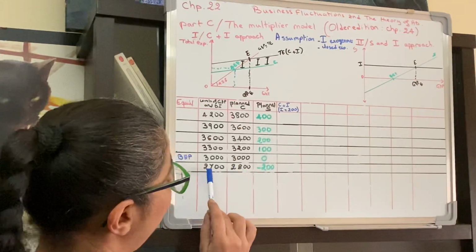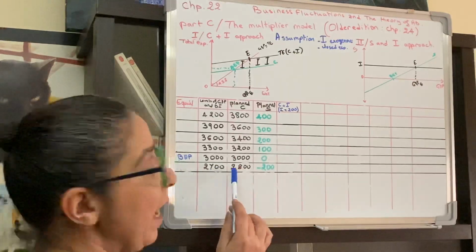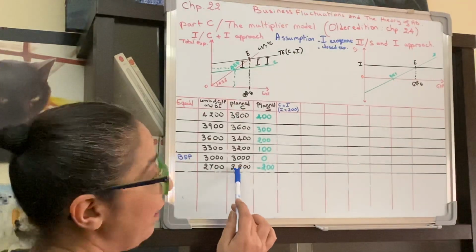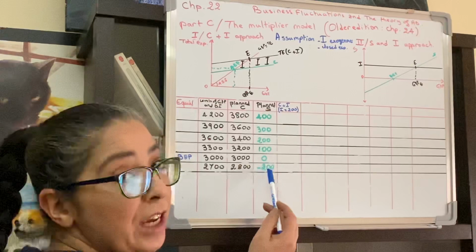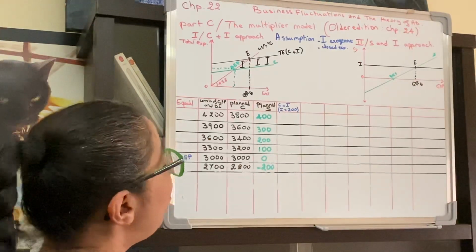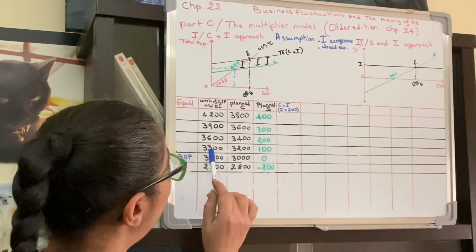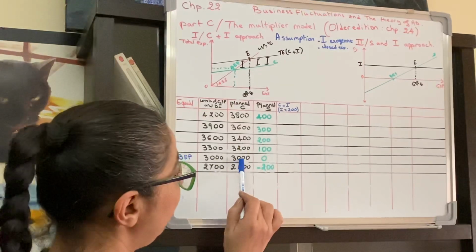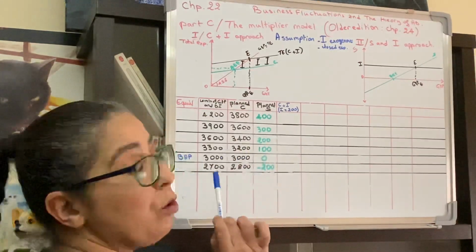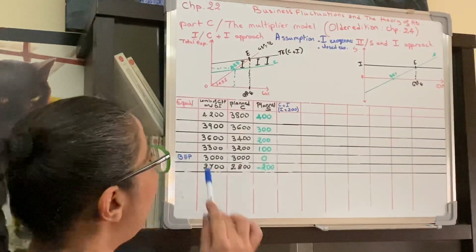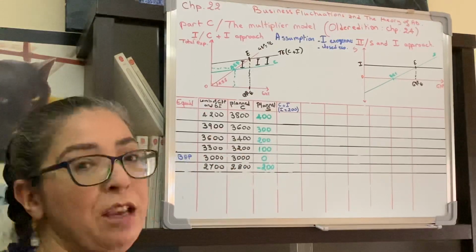Look here, the GDP is 2,700 and 2,800 in the consumption, so I'm dissaving 200. My break-even point is when my GDP is equal to my consumption and my saving is equal to 0. That's my equilibrium, my break-even point.